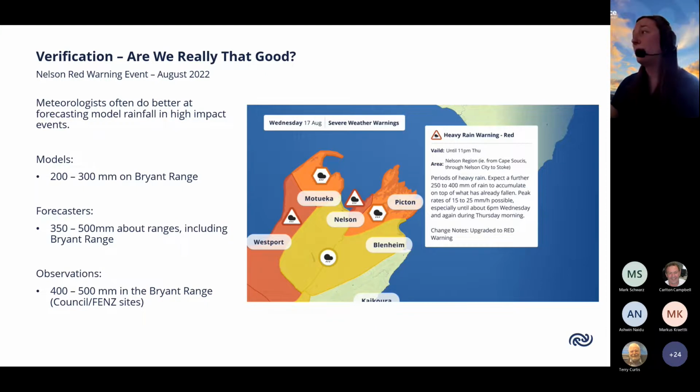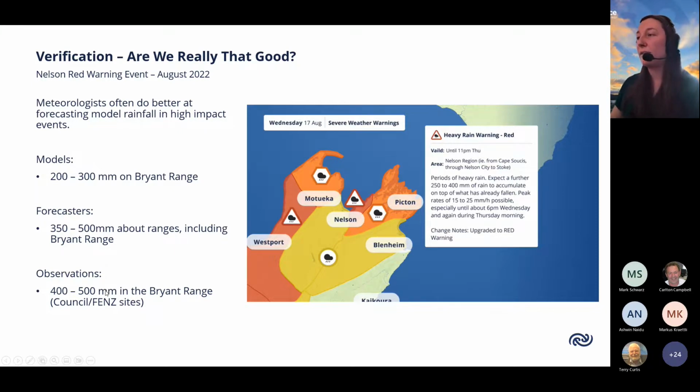So during the Nelson Red warning in August, awful flooding through Nelson. During that event, the WRF models were forecasting about 200 to 300 millimeters of rain into the ranges of Nelson. What we were communicating with Nelson Council was more like 350 to 500 for those Nelson ranges.